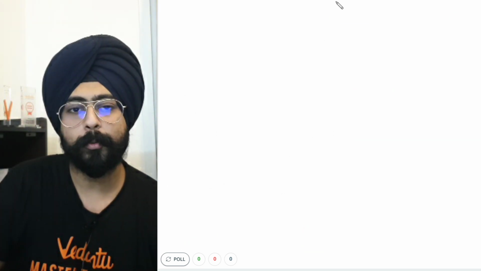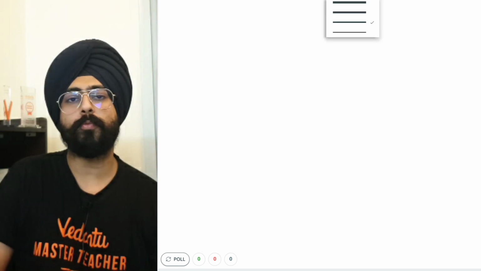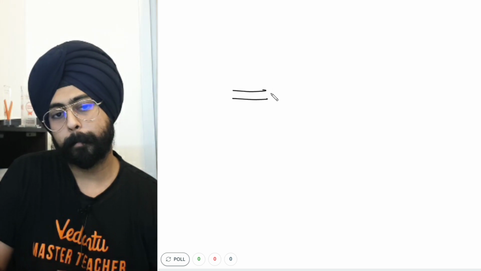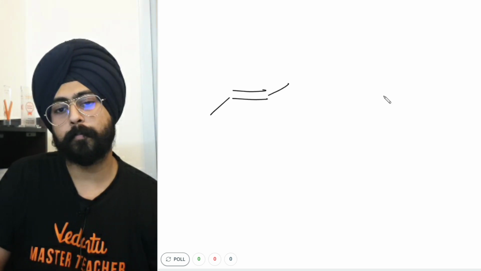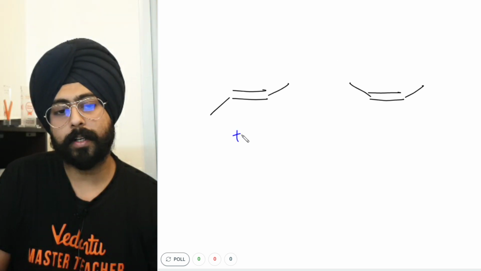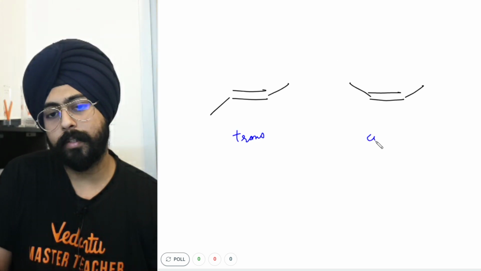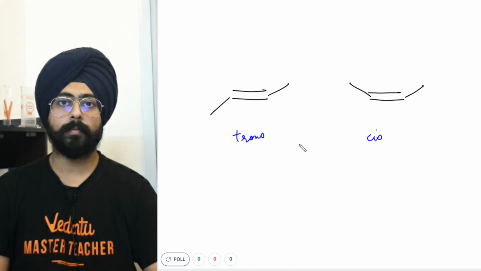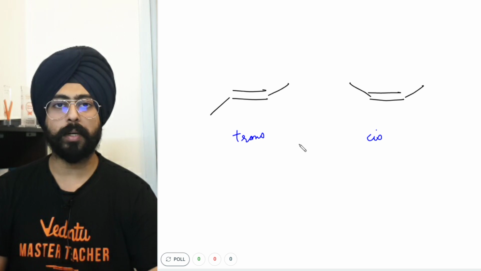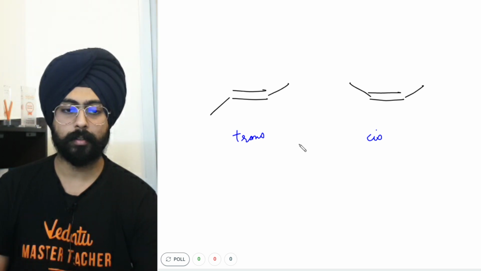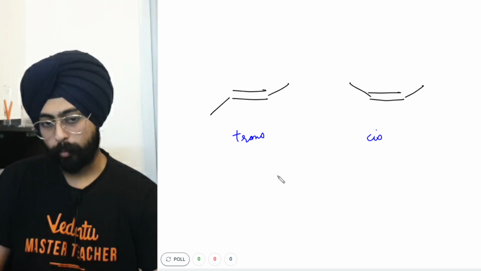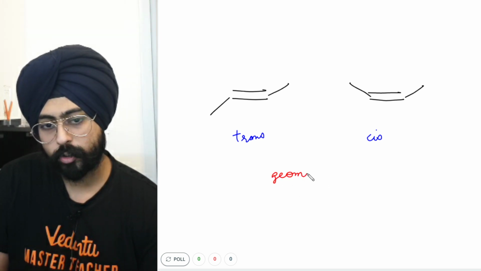Let me give one more example. One example that a lot of people do incorrectly because of a conceptual error. This is trans, this is cis. Butene, trans butene and cis butene. I hope you remember these two structures. One is trans, one is cis. My dear friends, how are they related to each other? Both of these are geometrical isomers of each other.